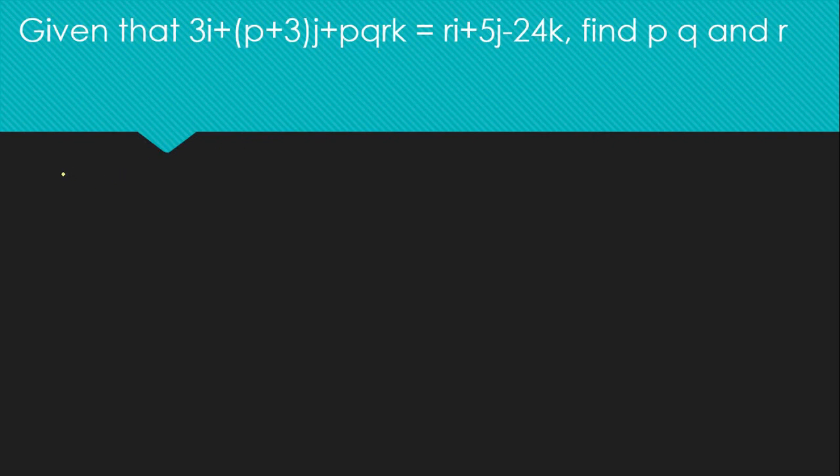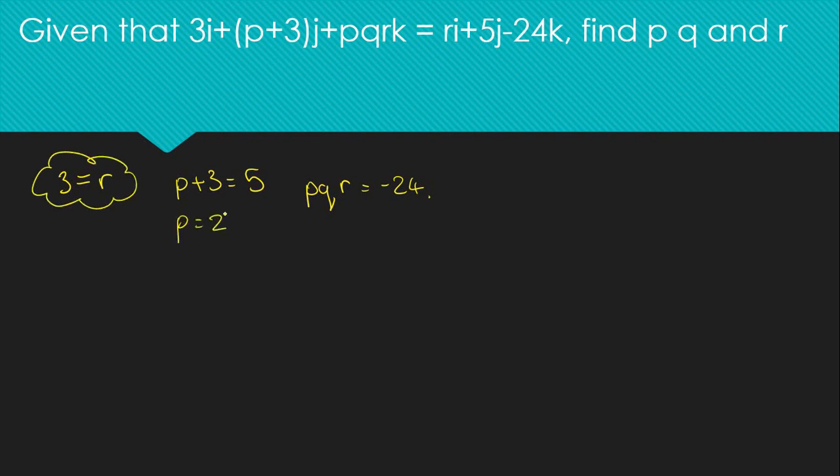Okay, so the first thing I'm going to do is say 3 equals r. I'm going to say that p plus 3 equals 5. And I'm going to say that pqr is equal to negative 24. Well, r equals 3 is already found. That's already useful. P equals 2, that should be obvious as well.